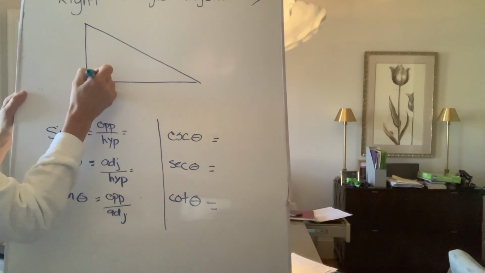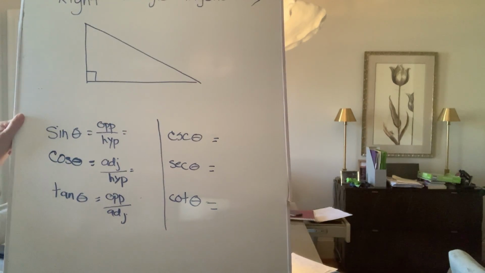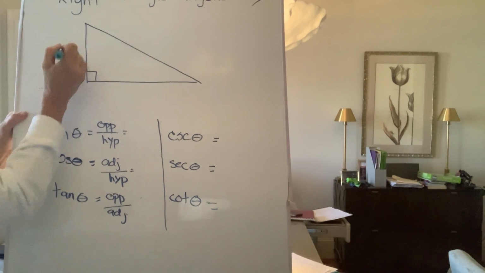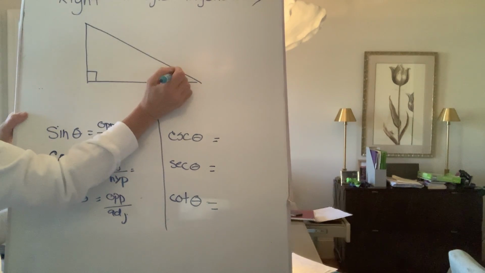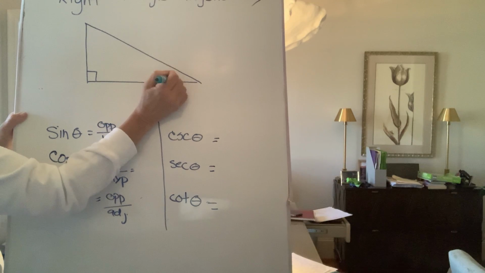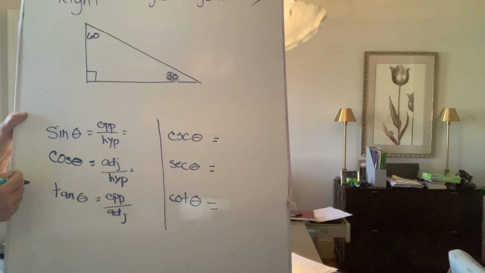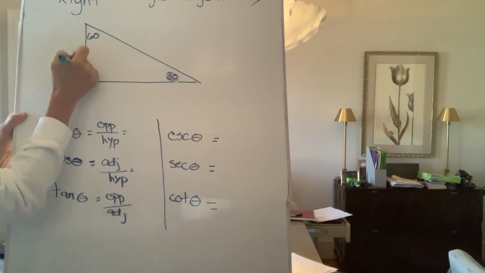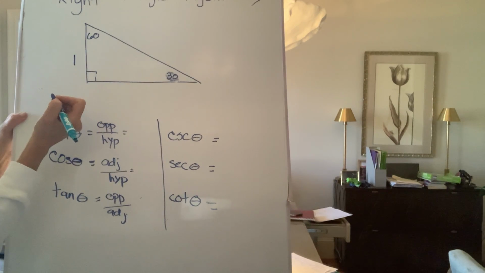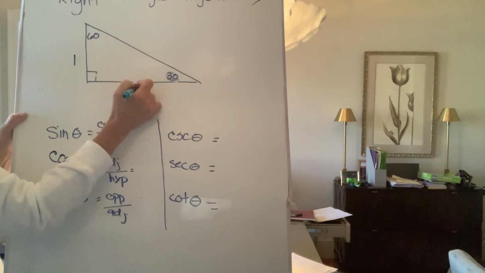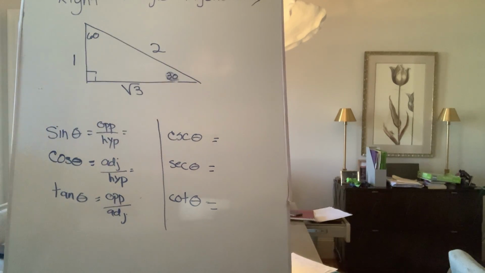If you remember that from your geometry days, this is the 30 degree angle right here, because it's opposite the short side. This is the 60-degree angle here because it's opposite the longer side. If we say that this side has length 1, then this side has length square root of 3, and the hypotenuse has length 2.